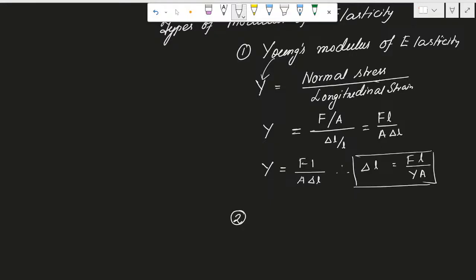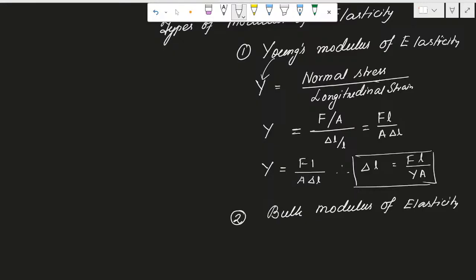Now the second modulus of elasticity is actually the bulk modulus of elasticity. What do you mean by bulk modulus of elasticity?